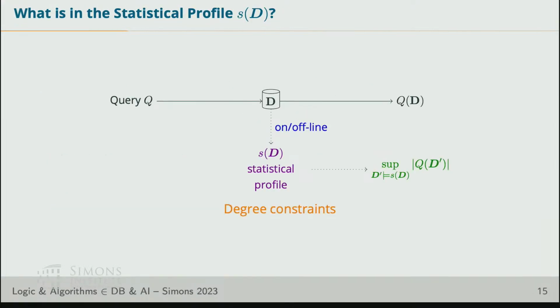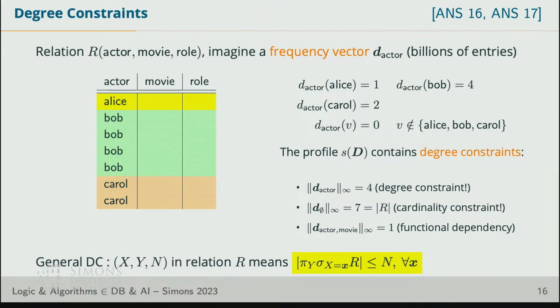Okay, so that defines the query, and the next topic is what is in this statistical profile. We are going to focus on just one notion, called degree constraints. What is a degree constraint? Imagine we have a relation like this, a ternary relation that has 3 variables: actor, movie, and role.